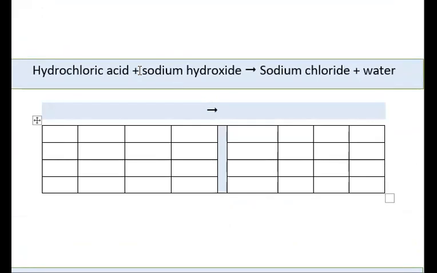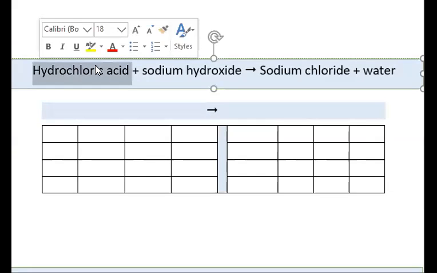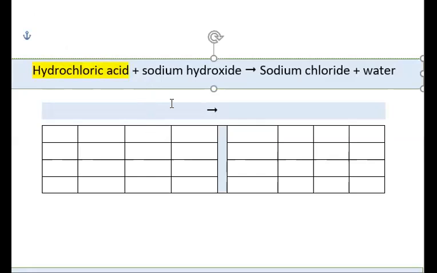So the first compound here is hydrochloric acid. Does anybody know the chemical formula for hydrochloric acid? Well done, Mo. You can see you studied for the paper. So HCl is the chemical formula for hydrochloric acid.